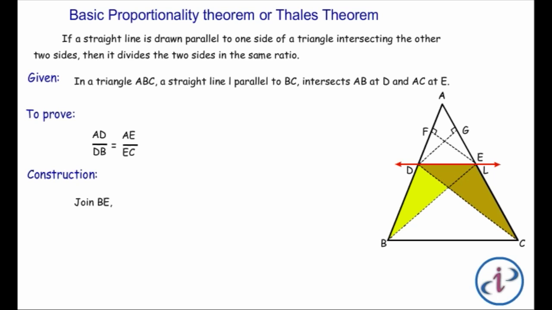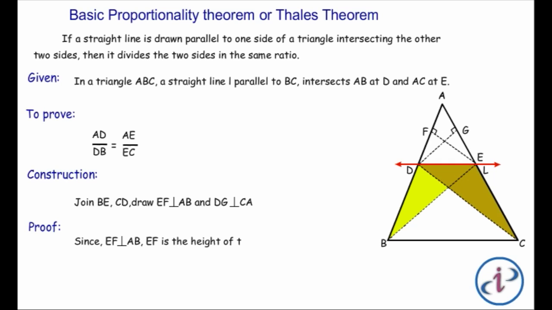Join BE and CD. Draw EF perpendicular to AB and DG perpendicular to CA. Let us prove now. Since EF is perpendicular to AB, EF is the height of triangles ADE and DBE. Area of triangle ADE is equal to half times base times height, which is 1 by 2 times AD times EF.